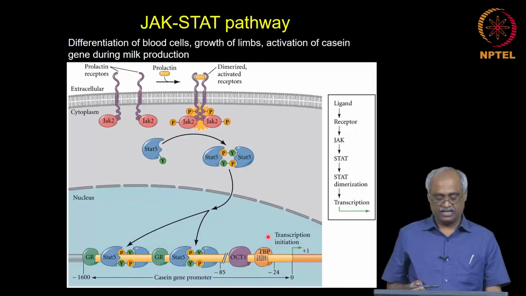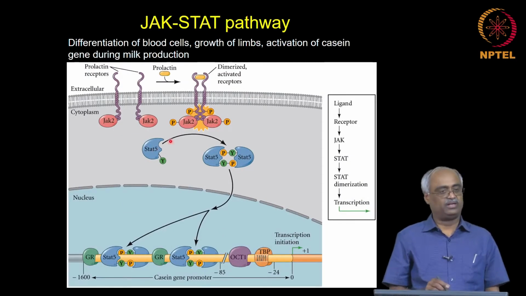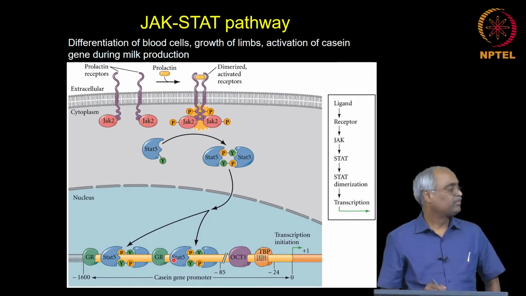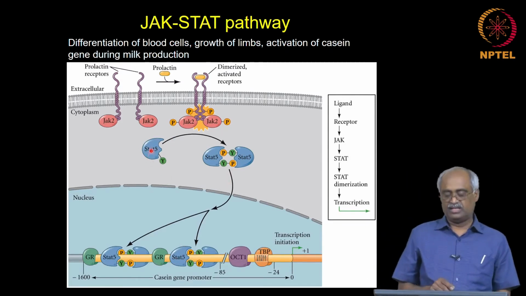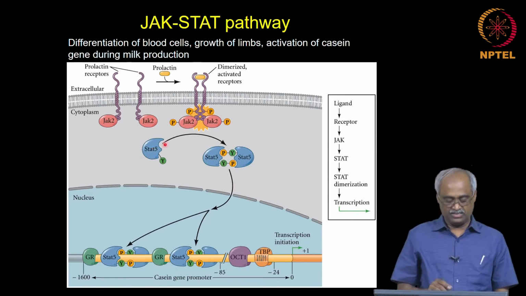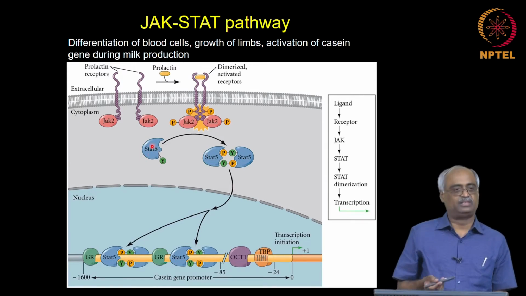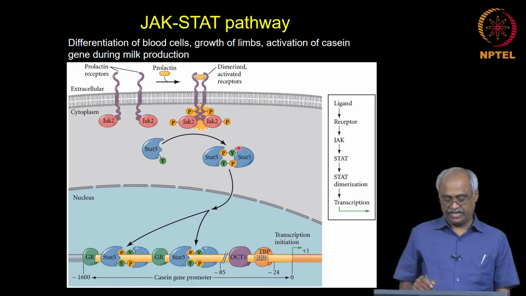While in the JAK-STAT pathway, the transducer is the one that directly gets into the nucleus and activates, and as a result it is called signal transducer and activator of transcription. STAT stands for signal transduction and activator of transcription, AT for activator of transcription, and they dimerize and go inside and activate downstream signaling.